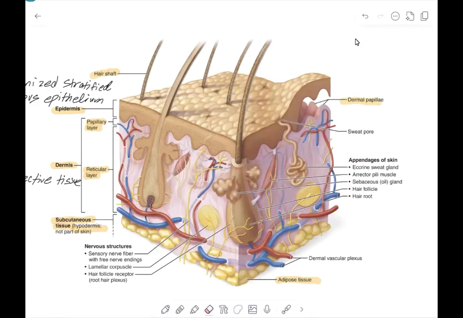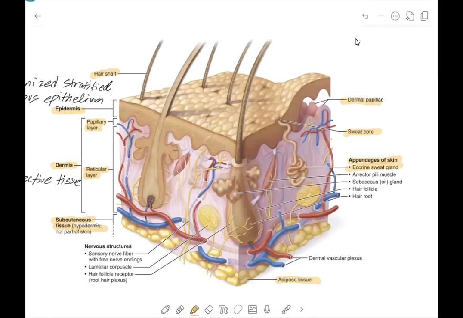We then see other structures on the right-hand side, like the sweat pore. Some of the appendages of the skin that we'll talk about are sweat glands. There are some different sweat glands. The most common one for thermoregulation is called the eccrine sweat gland, and it will have this coil structure.